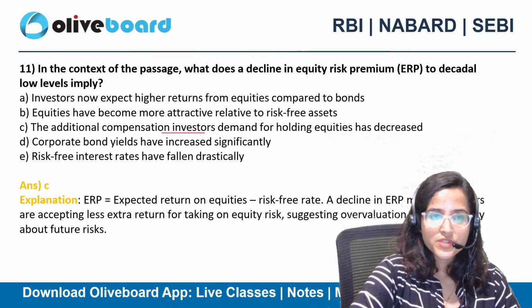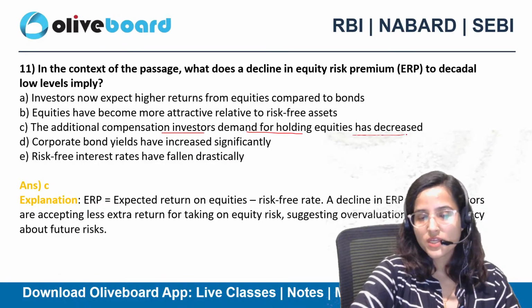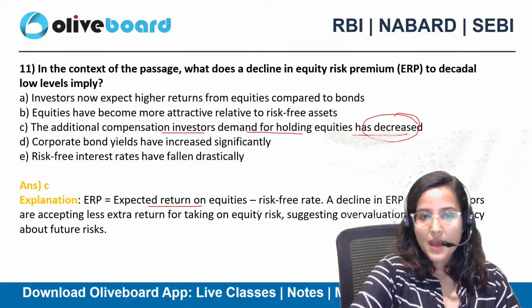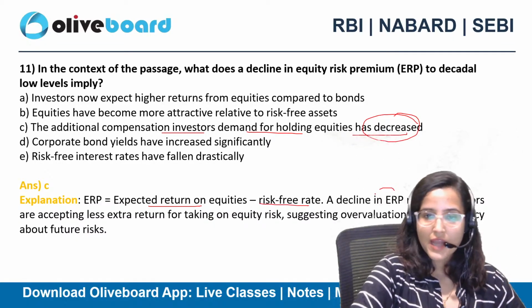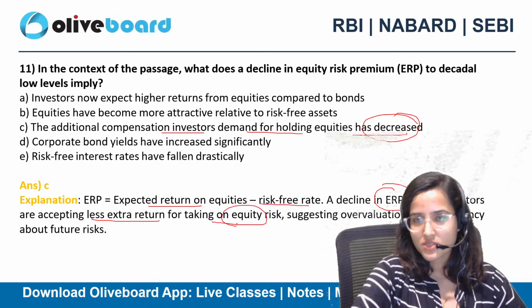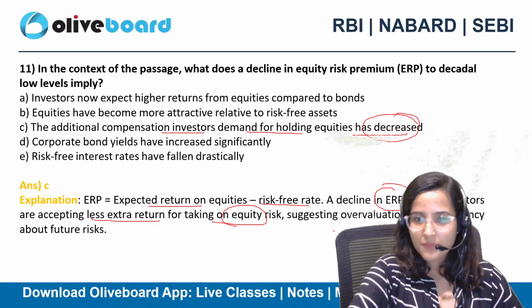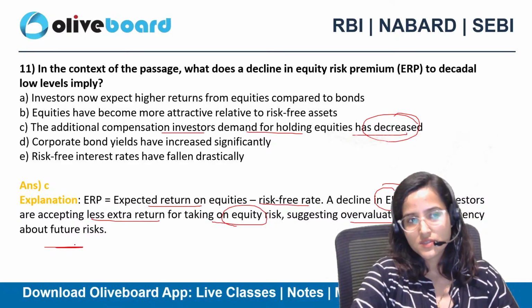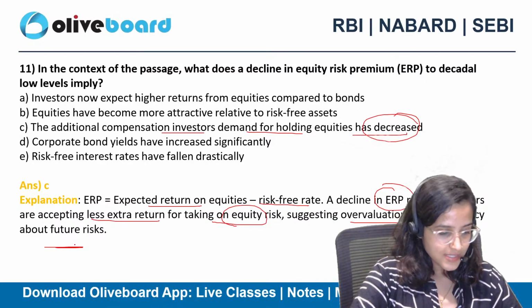The additional compensation investors demand for holding equities has decreased. ERP is the expected return on equities minus the risk-free rate. So a decline in ERP means investors are accepting less extra return for taking an equity risk. So their return is less. That means there's overvaluation or complacency about future risks. So yes, C is absolutely correct.